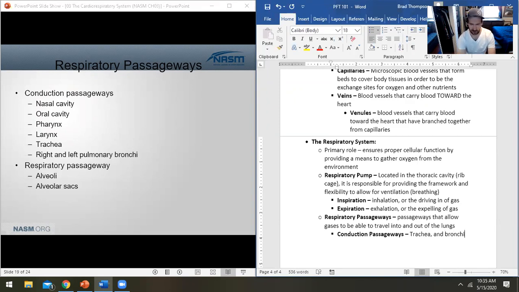And actually, we're going to put bronchioles there. I know it's a little bit off compared to the PowerPoint, but those are the main ones that are important to us, right? So trachea, bronchi, and bronchioles.